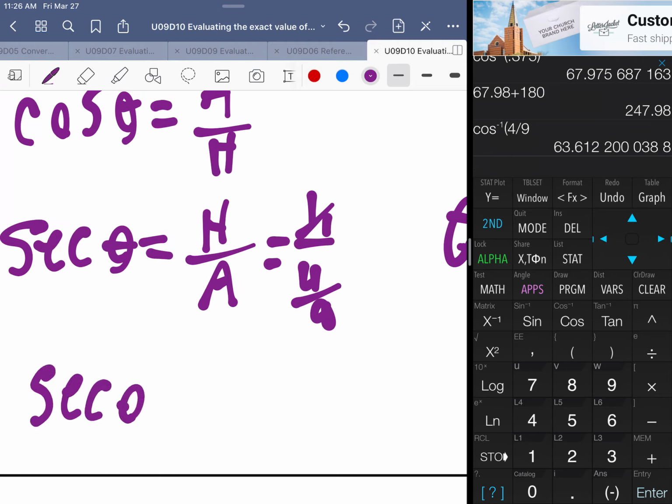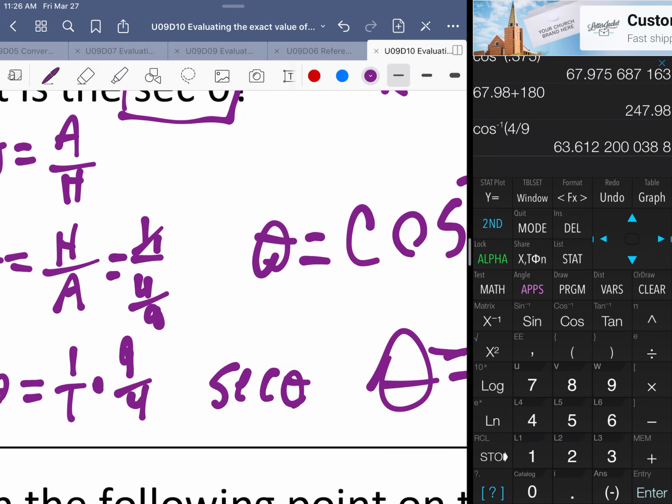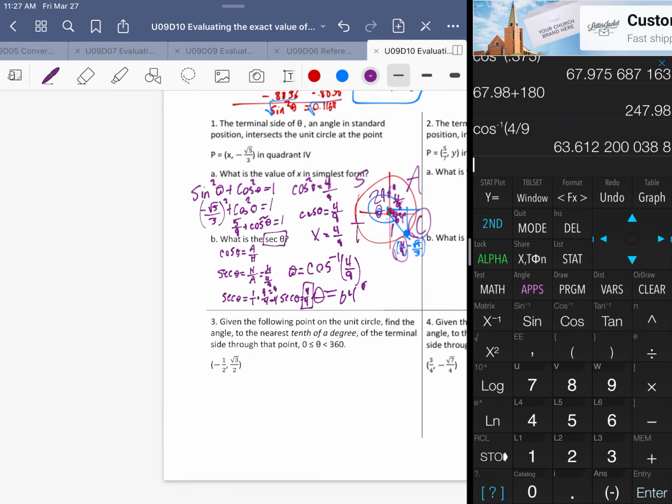So secant theta is going to equal, I'm going to use keep change flip. I'm going to write 1 over 1 times 9 over 4 and get that secant theta is equal to 9/4, because 1 times 9 is 9, and 1 times 4 is 4.